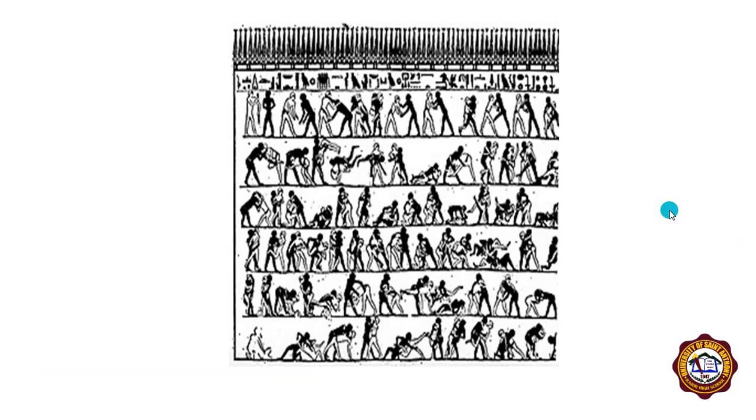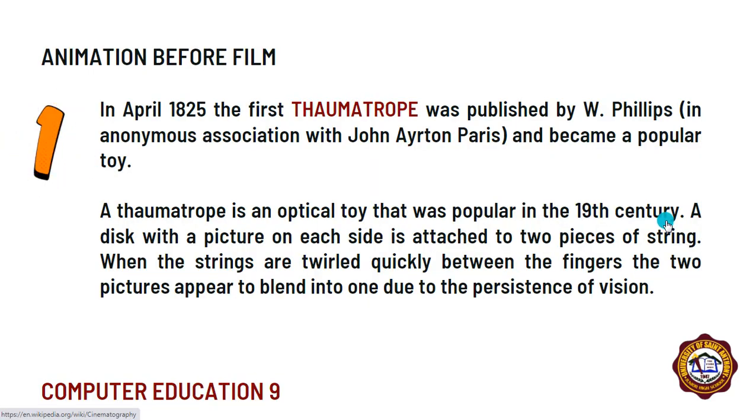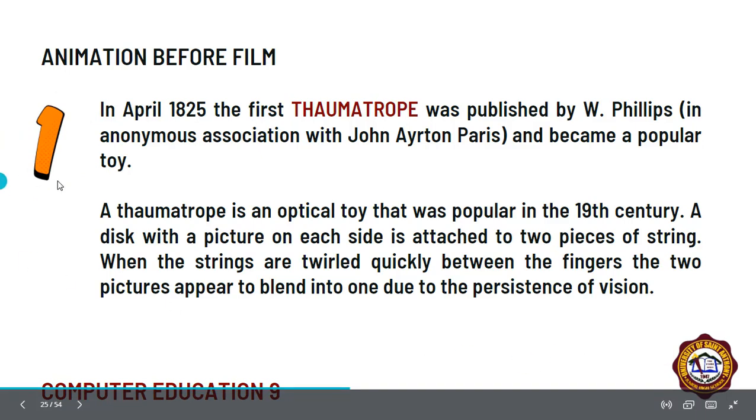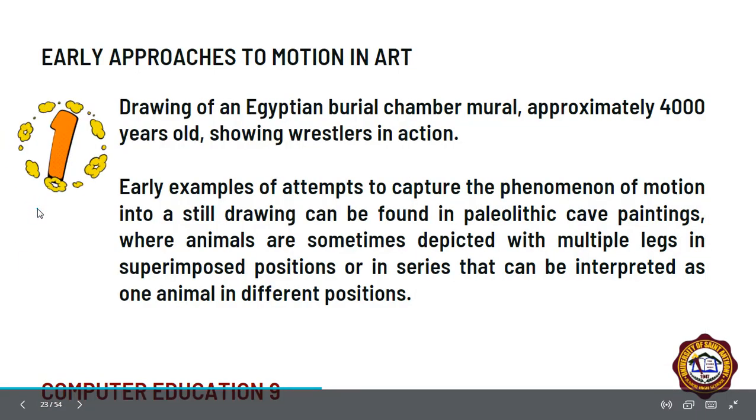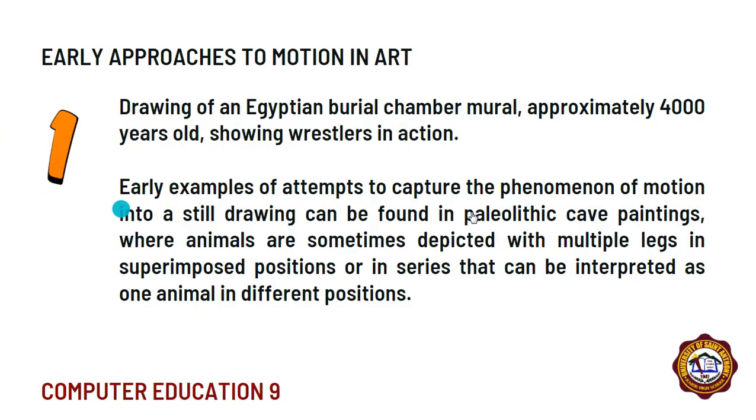So, also, animation before film. Ito naman, bago yung film. Okay, bago nauso yung mga digital camera, mga electronics. So, yung kanina, yung number 1 kanina, ito yung early approach to motion in arts. Okay?